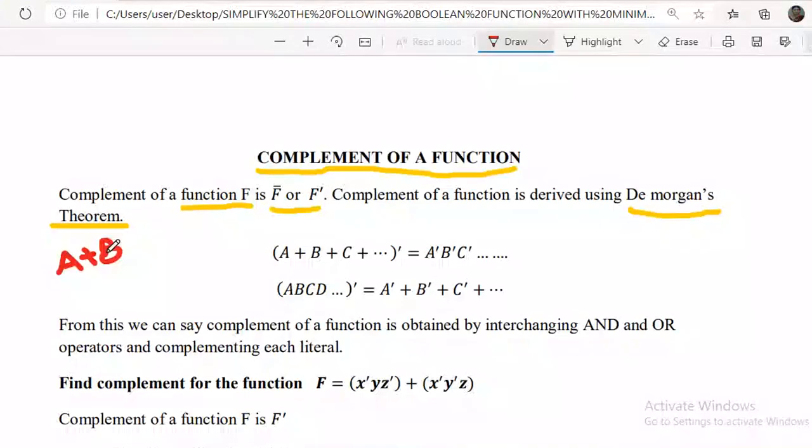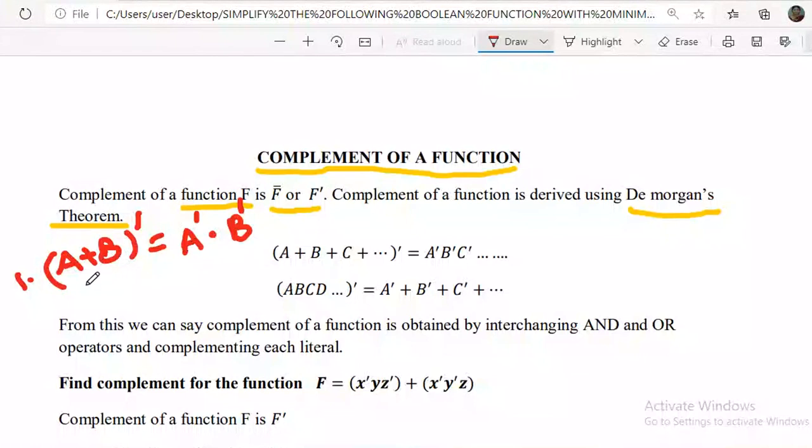A plus b the whole bar is equal to a dash into b dash. The plus will become multiplication, and the whole bar will become individual bars, that is, the whole complement will become individual complements. I broke this whole bar and just wrote a dash into b dash. This is the general De Morgan's theorem.